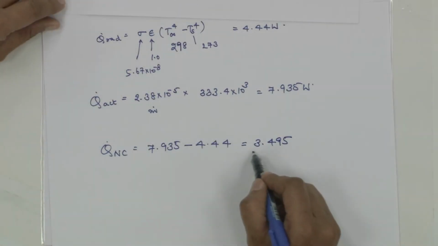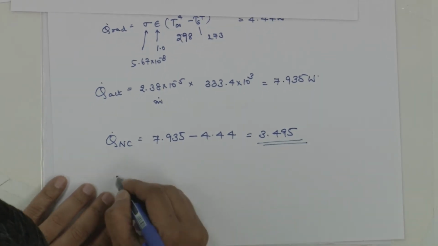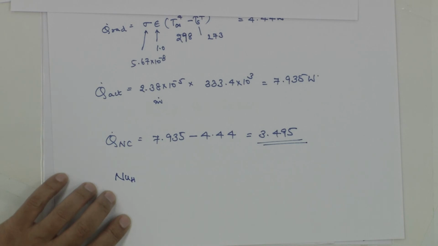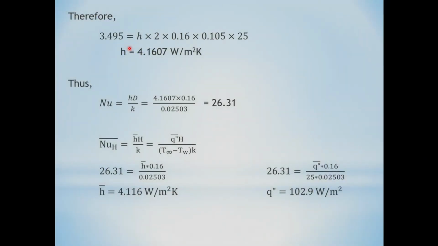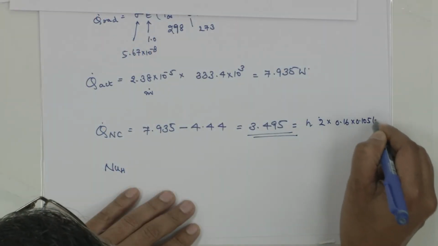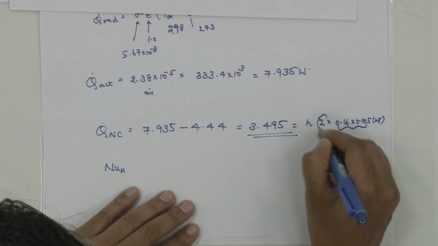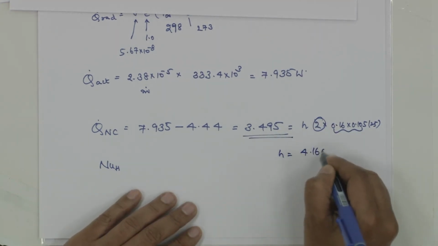Instead, if I just take 3.495, I get 3.495 equal to h into 2 into 0.16 into 0.105 into 25. This is the area, twice because of two boundary layers. You get h equal to 4.1607.